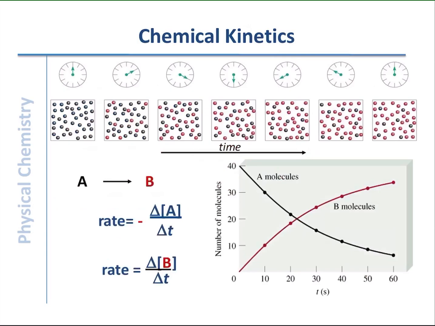Let's suppose that we have this very simple reaction: A decomposes into B. At zero time of the reaction, the container in which the reaction occurs will contain only molecules of A. After a specific time, the concentration of A, the black spheres here, will decrease, and the concentration of B will increase.